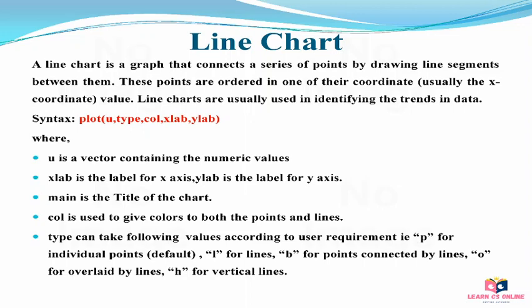Type can take the following values according to user requirement: p for individual points, l for lines, b for points connected by lines, o for points overlaid by lines, h for vertical lines.